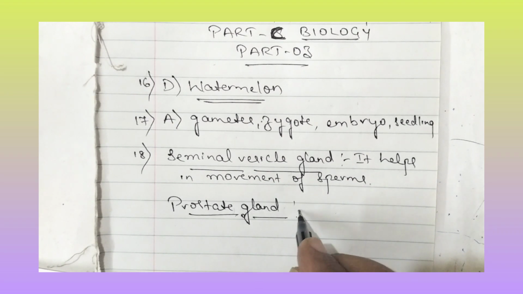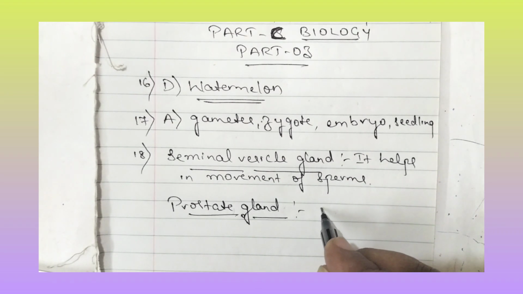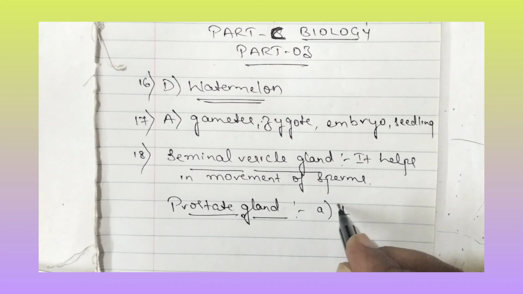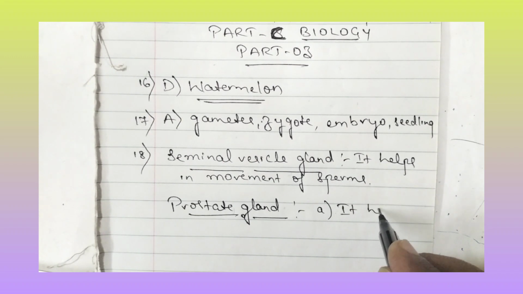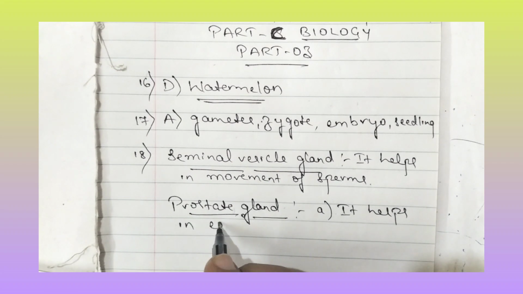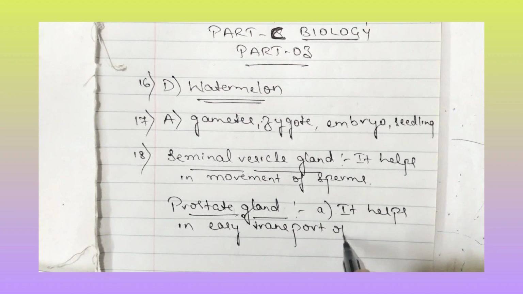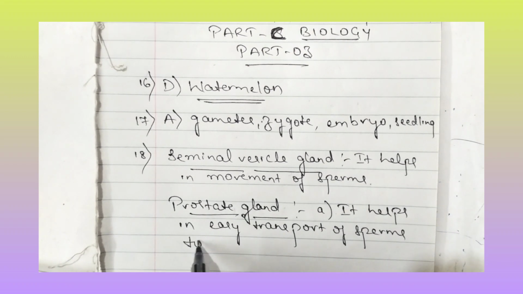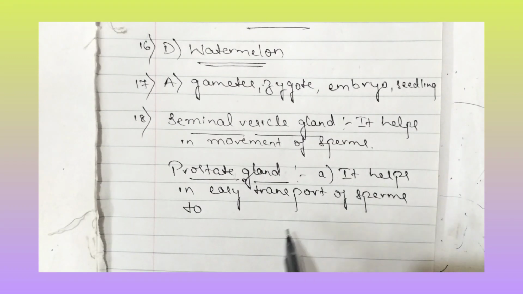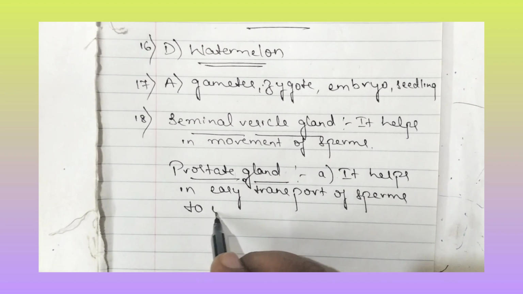So let us see what is the function of the prostate gland. So first function of prostate gland is it helps in easy transport of sperms to urethra.